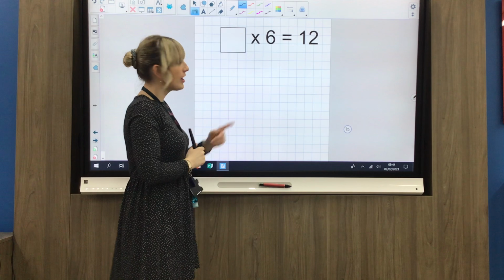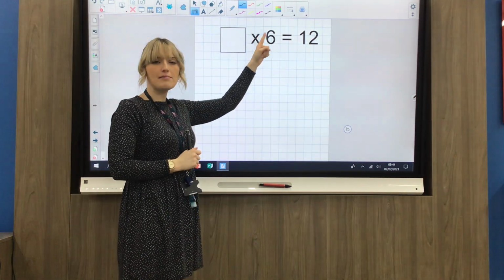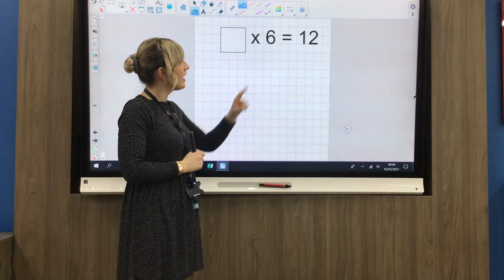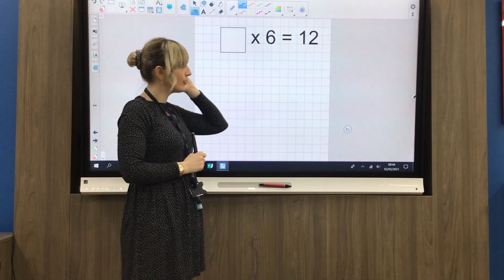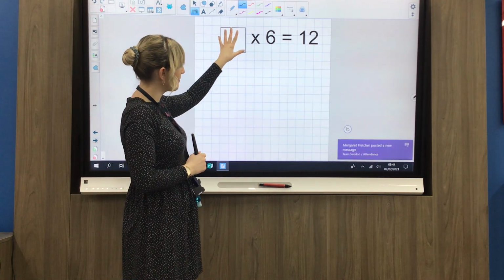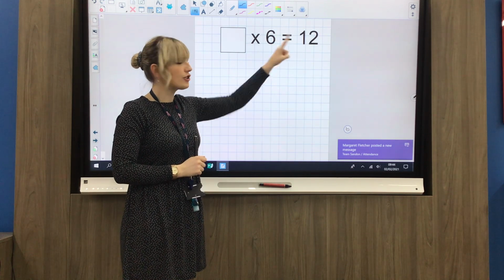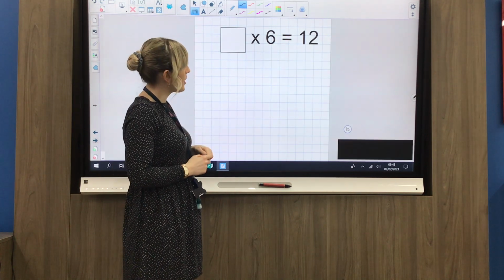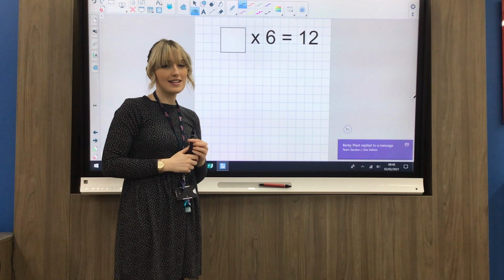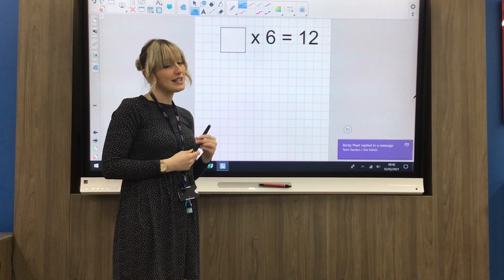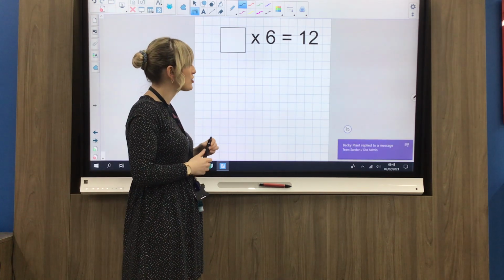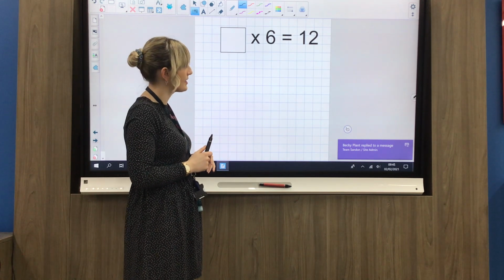Okay, next one. Something times 6 equals 12. Okay, so I've timed something by 6 and I've got 12. So you might know this already, especially if you play TT Rockstars a lot, you might just know straight away what the answer is.